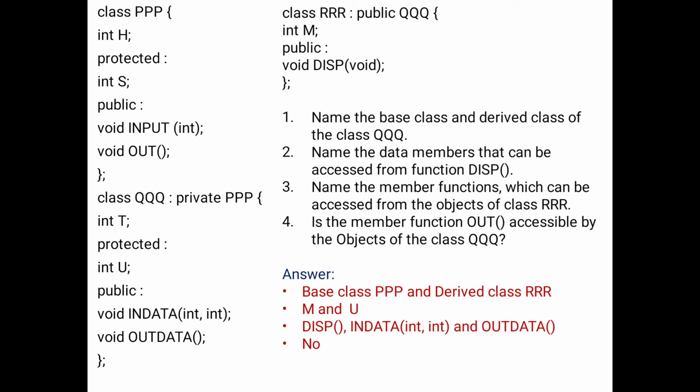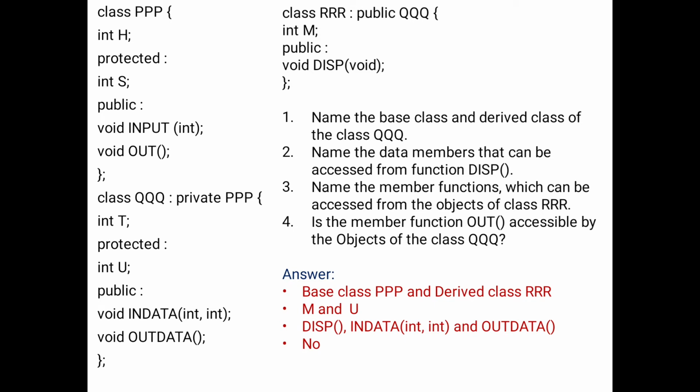Which means that the class QQQ has inherited the members of the class PPP as private. The data members and member functions of class PPP, when declared inside the class QQQ, will change to private.